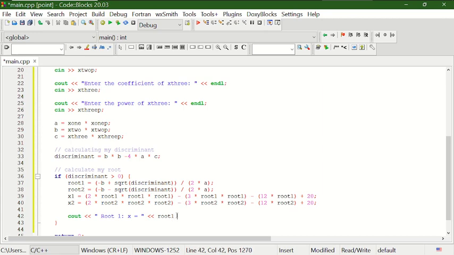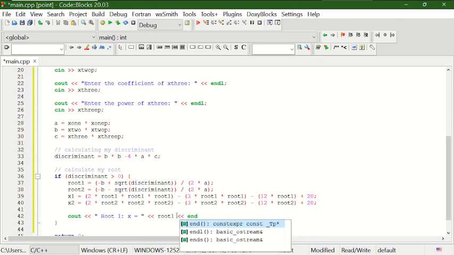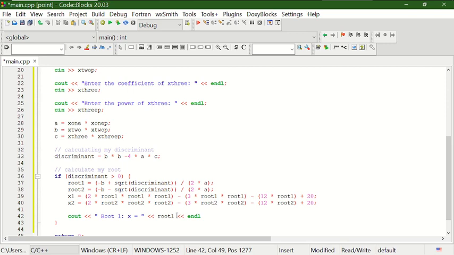So root 1, then we need to end line. So end line, we terminate that.